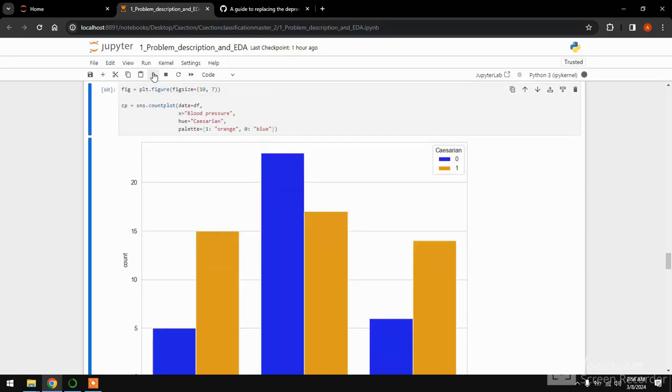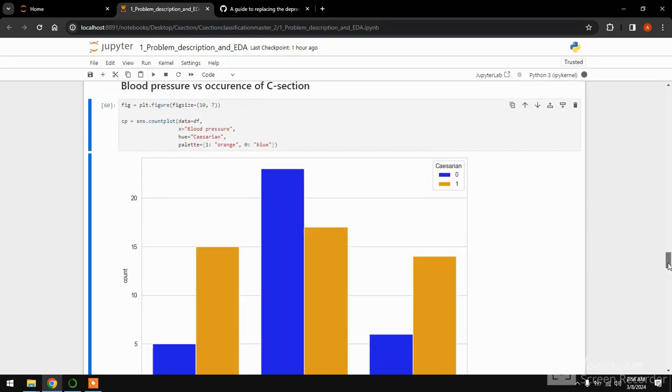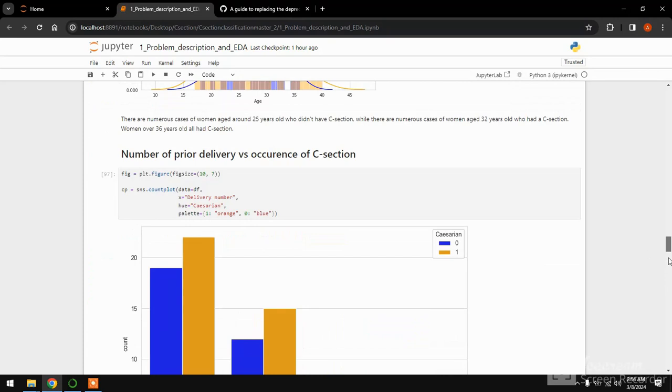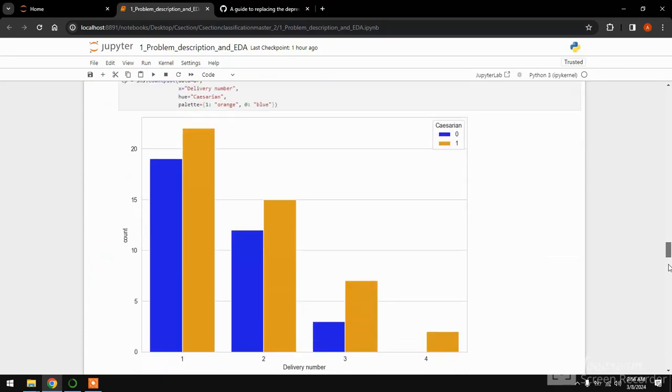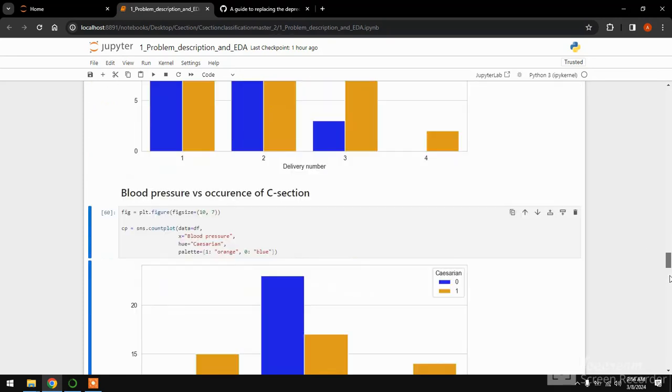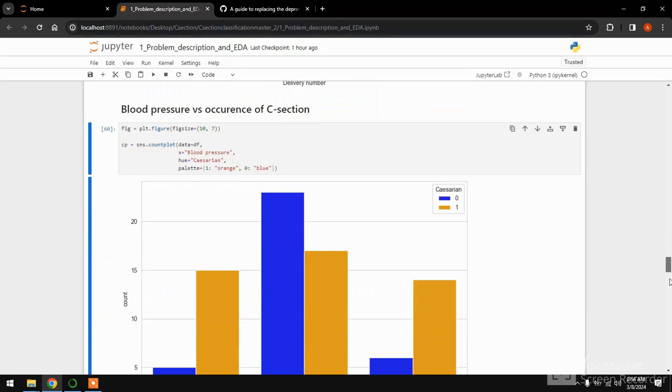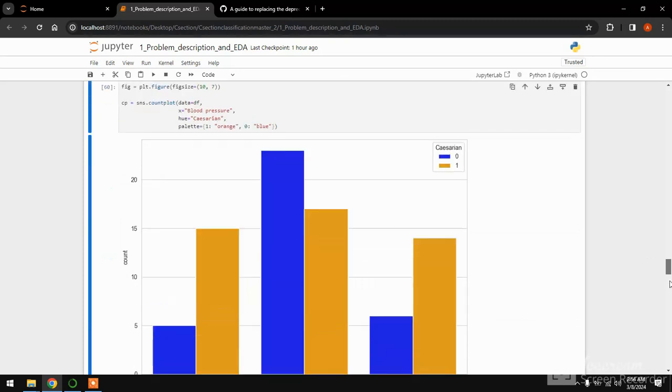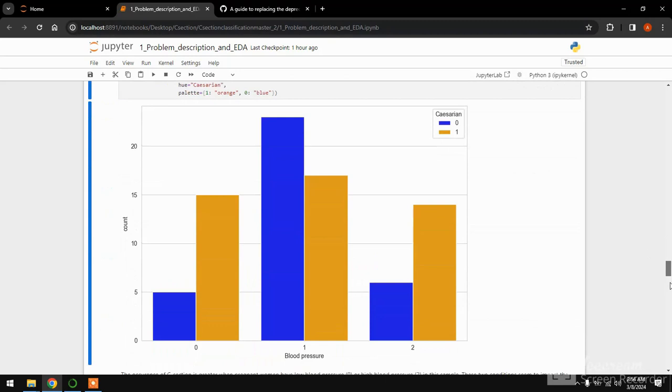All right, so here we are now comparing blood pressure against delivering through a C-section type of birth, according to this chart. According to this data set, people with a normal blood pressure, we have more of them that deliver through normal birth.